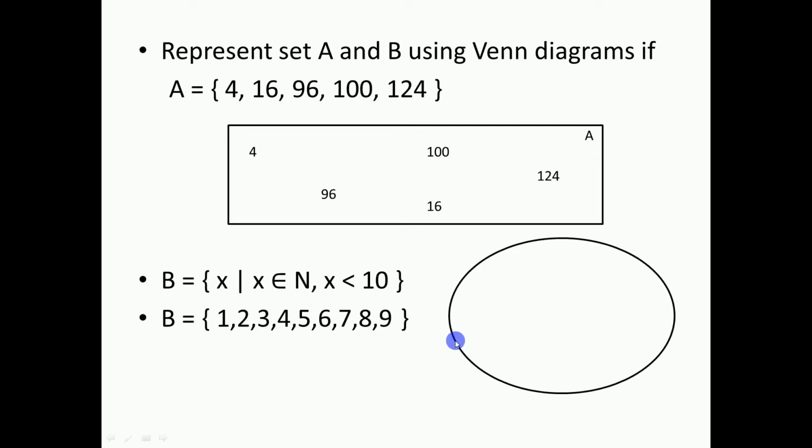So let us draw a closed figure. Then after drawing it you have to write the name of the set, so I have written the name of the set here. Afterwards you can write these elements anywhere in this closed figure. So I will write 1, 5, 9, 6, 2, 7, 3, 8 and 4.